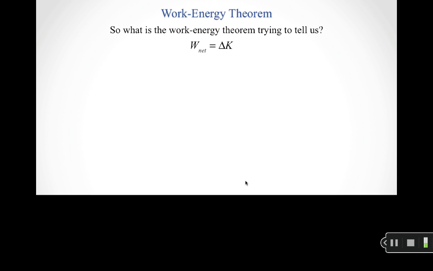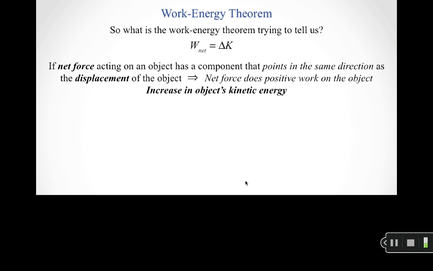So what is that really trying to tell us? It's easy to say that the work energy theorem is that the net work is equal to the change in kinetic energy, but what on earth does that mean? For starters, there are a couple ways to think about this. If the net force acting on an object has a component that points in the same direction as the object's displacement, well, we know that in any case when the force and a displacement point in the same direction, that force does positive work.